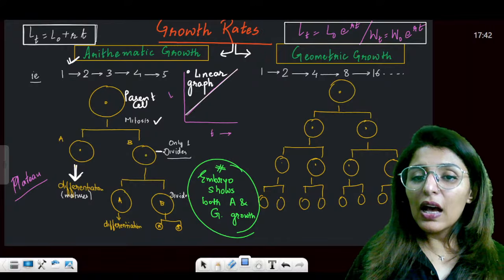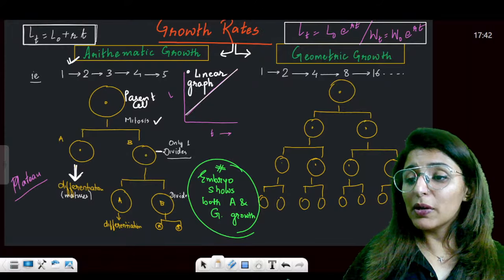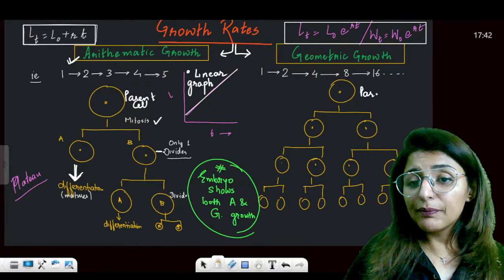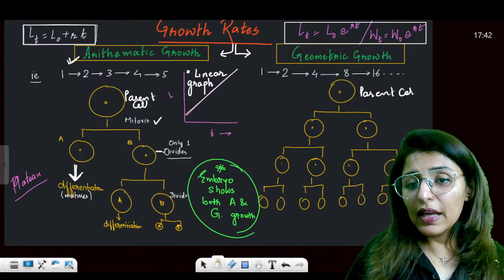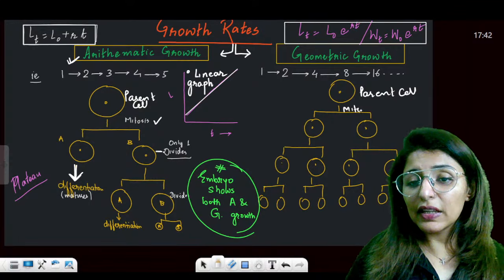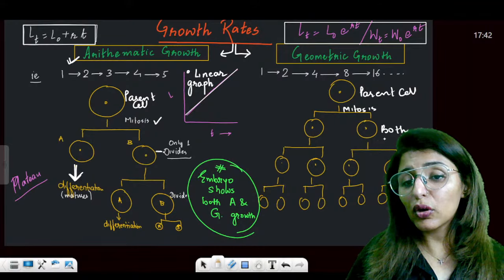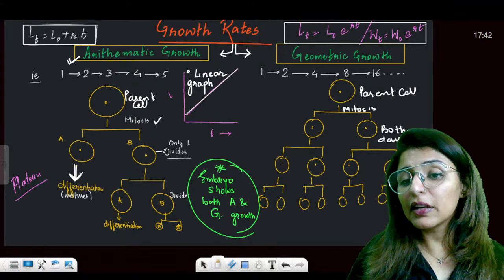So basically, when does geometric growth take place? Geometric growth is going to occur when the parent cell divides mitotically, and both the daughter cells retain the ability to divide.